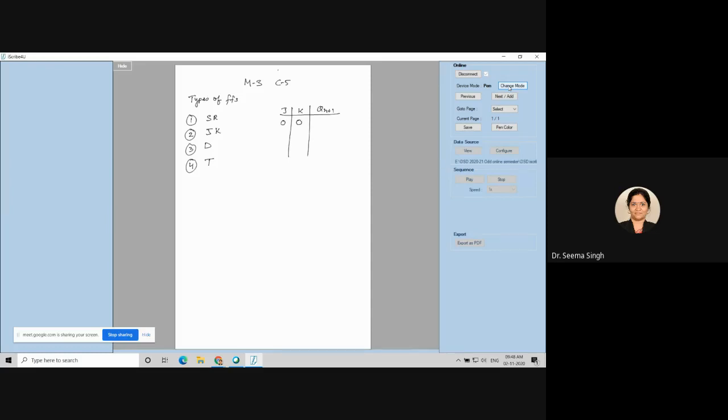You people know that if J and K are 0, 0, what should I write? Anyone answer me? Just now we have revised, you should answer me. If J and K are 0, 0, what is Qn plus 1?